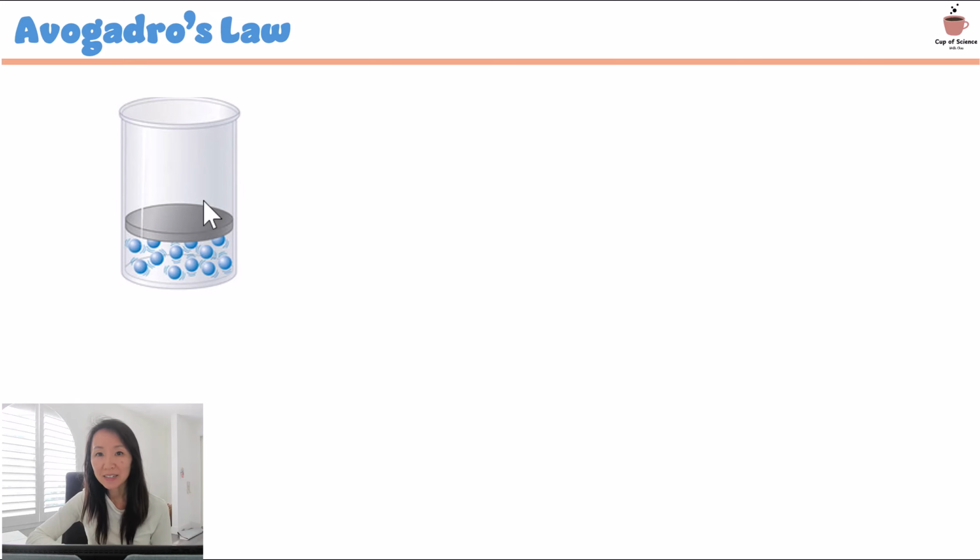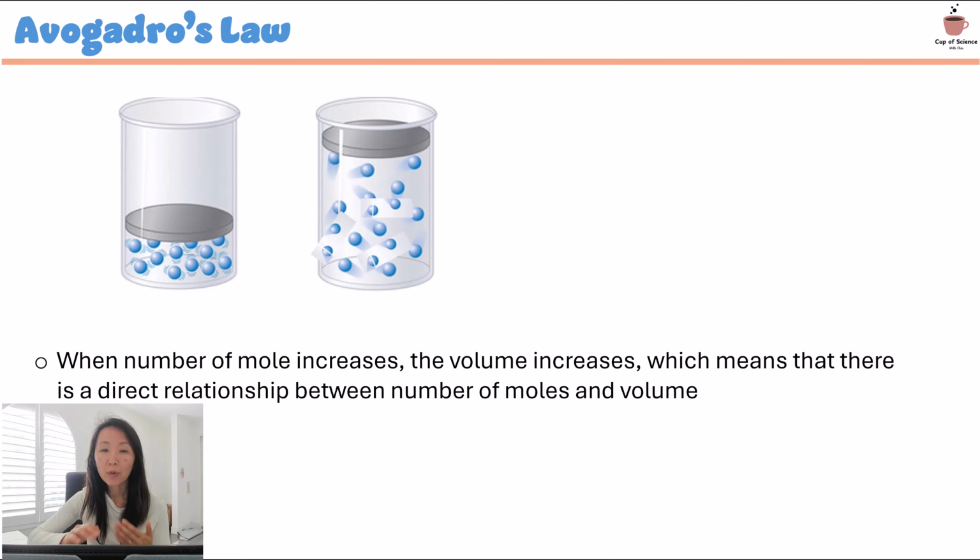This container is a movable container, meaning that it can change its volume and size based on where the disk lands. Say you were to add more and more moles of the gas. Well, because the gas takes up space and volume, the whole container is going to increase in volume.